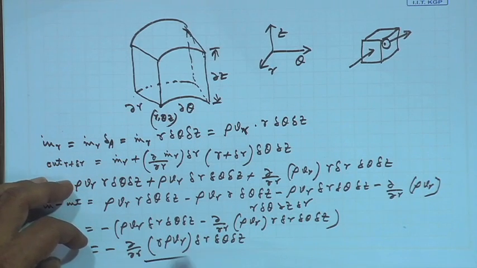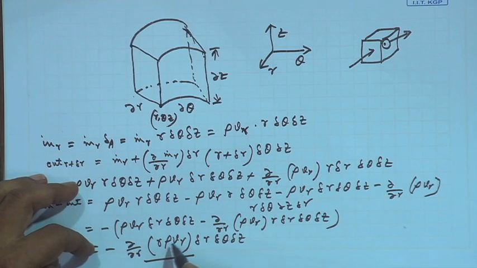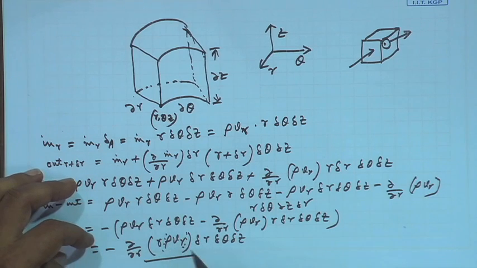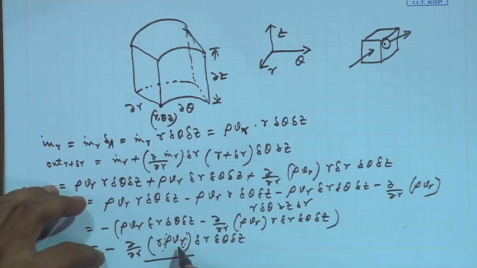If we expand this del r of r rho V r, and take this rho V r and r as the UV product, both r into rho V r, if we take this as product, then in one case r is constant, right.